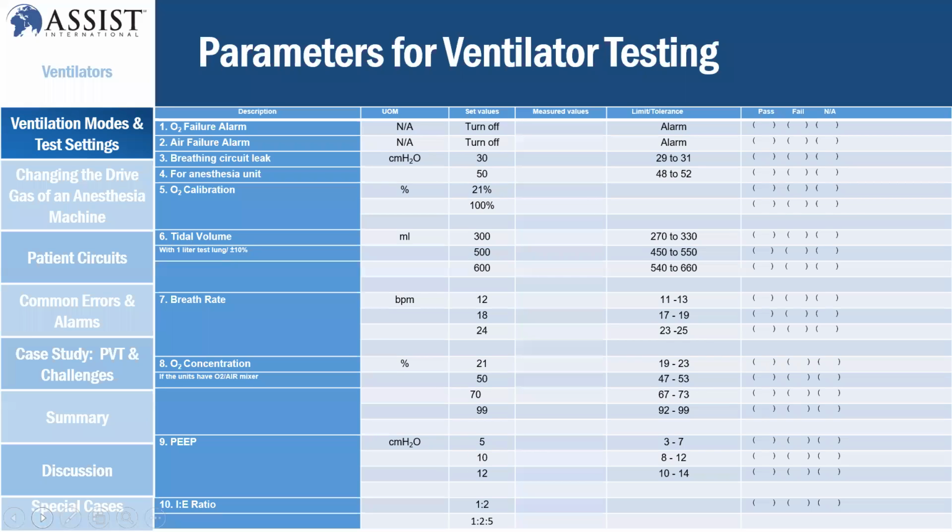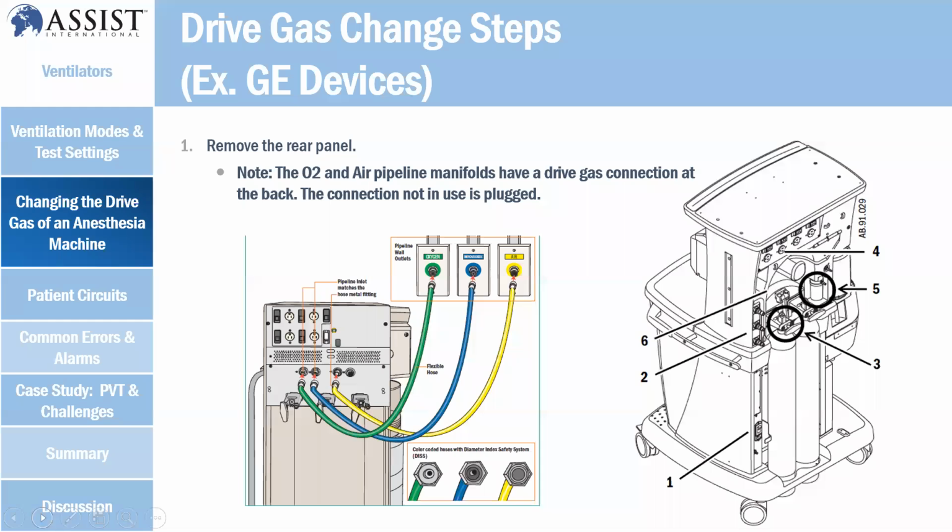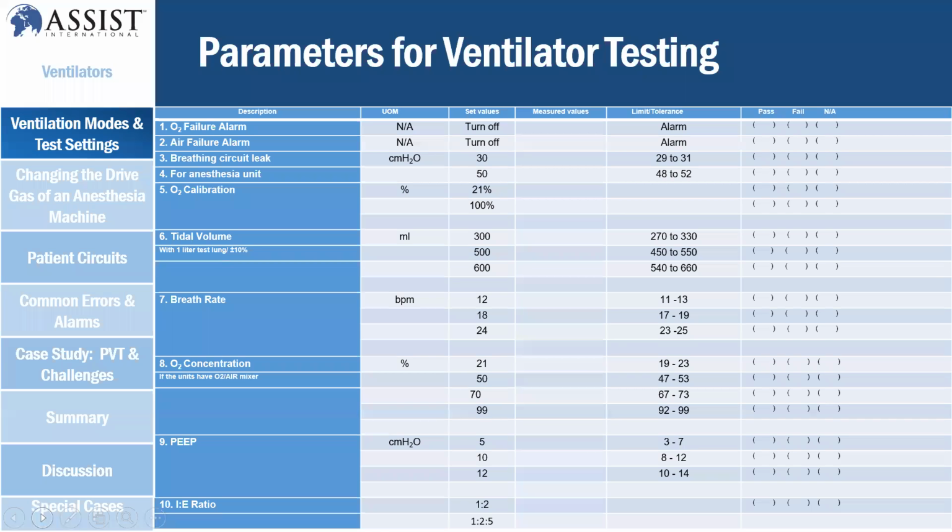So if you are using a cylinder, you need to have a regulator to step down the pressure before it goes to the ventilator unit. Or if you're using a centralized gas system, it's normally somewhere between 4 bar to 6 bar. So you need to look into that and make sure to check the line as well.